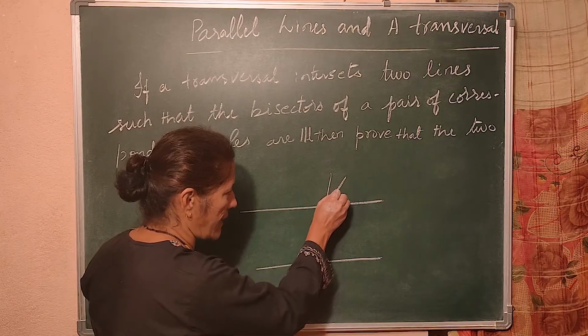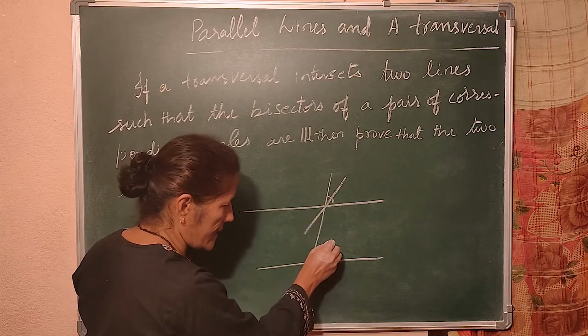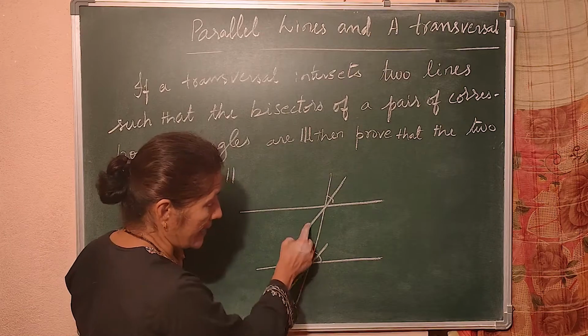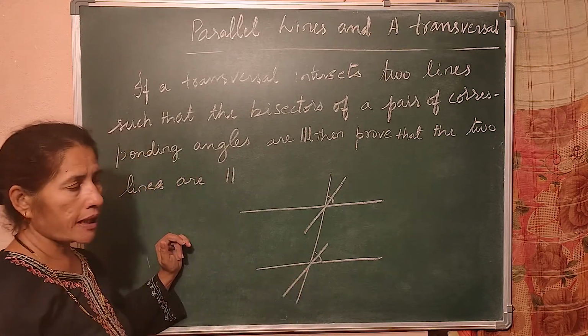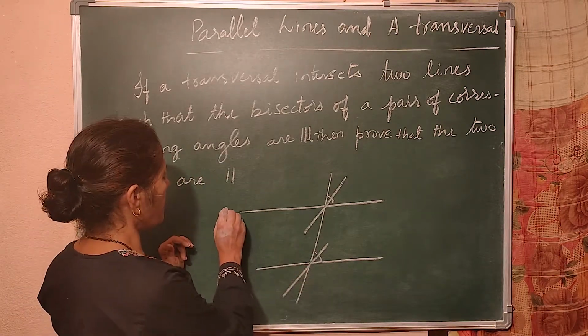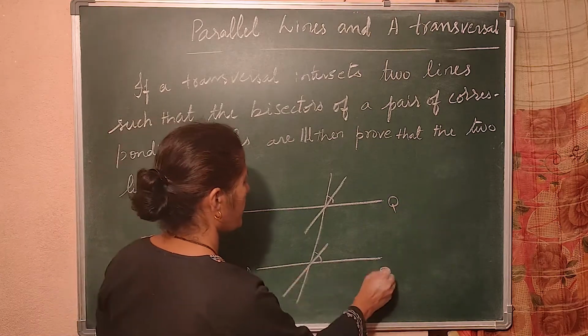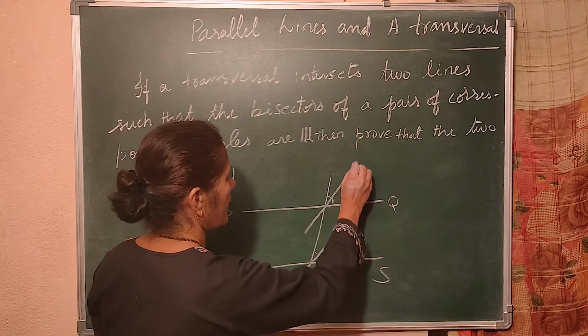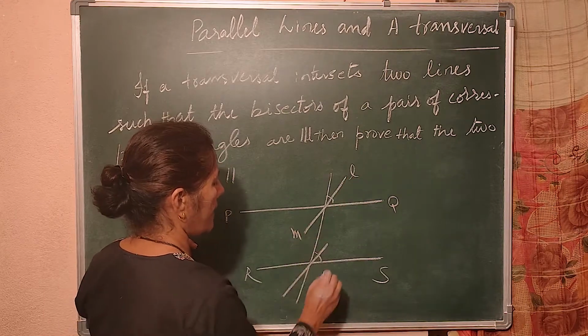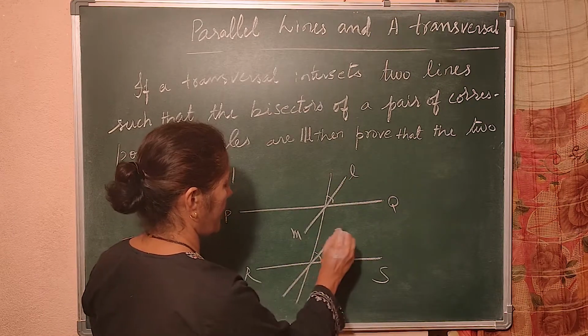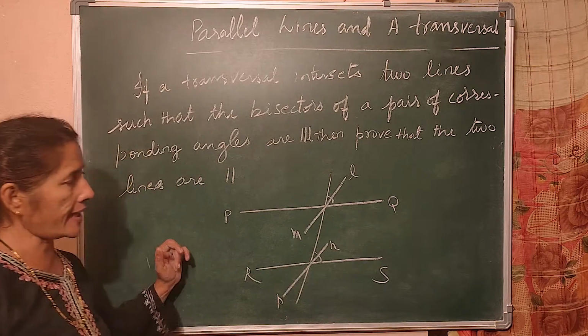Suppose this is a bisector and here this is a bisector and these are parallel. Suppose I call these lines PQ and RS, and this one has lines LM and NP.